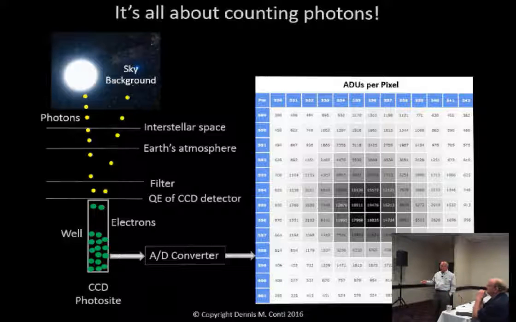So this is an actual representation of a star I had observed and its ADU counts. And one of the things to notice is, you remember our Airy disk pattern, right? There was that high concentration in the middle, and then the bands around it. You can see that represented here, that fallout of it. And you also notice that the center of gravity of the star is not right in the middle.